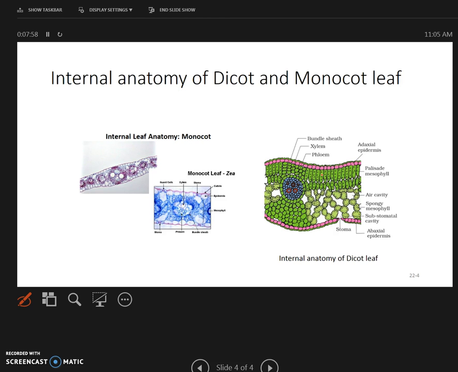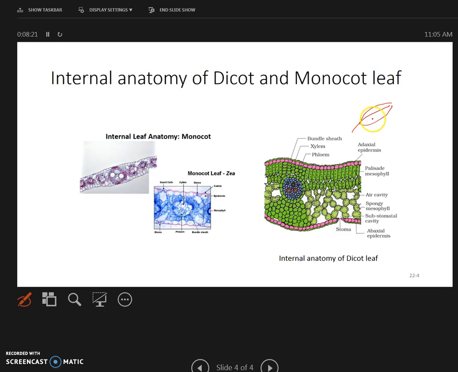Now last slide, and that is the difference in the internal anatomy of dicot and monocot leaf. Now remember, you can always identify the difference between a monocot and a dicot leaf. Why? Because in a dicot leaf, the upper layer and the lower layer are different. So it's dorsiventrally differentiated.